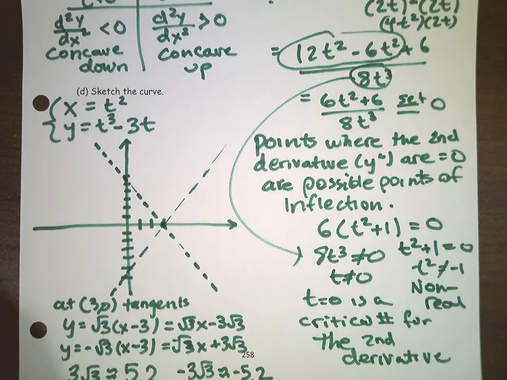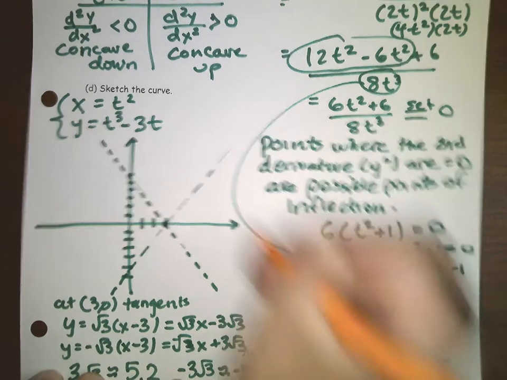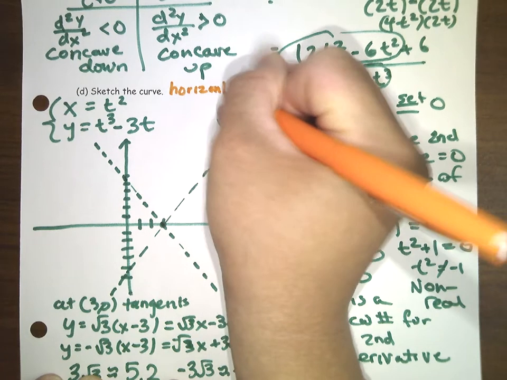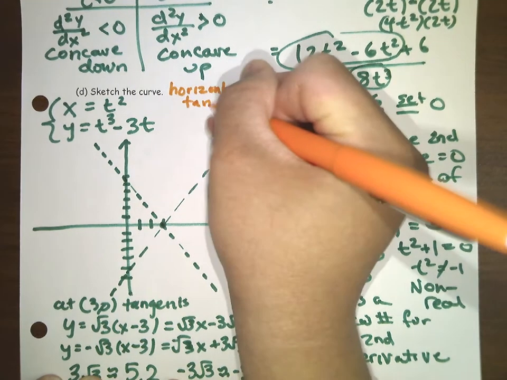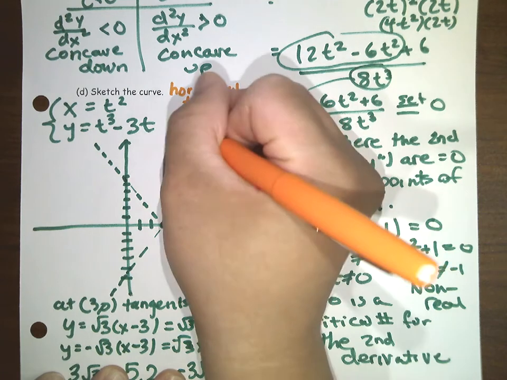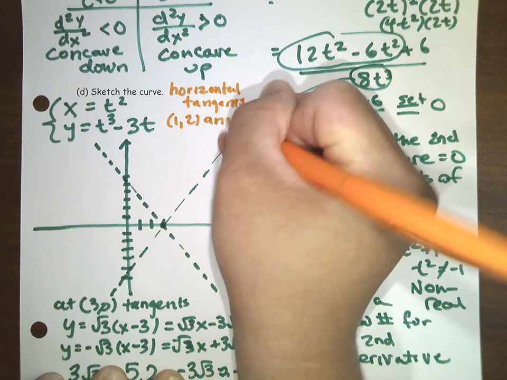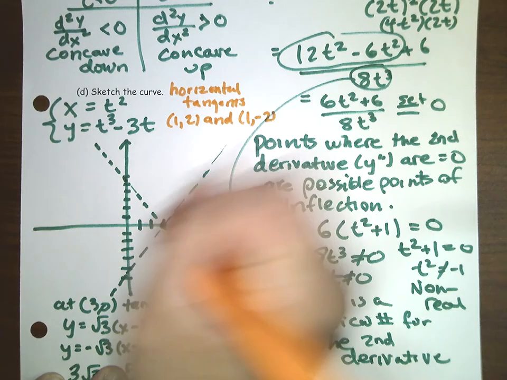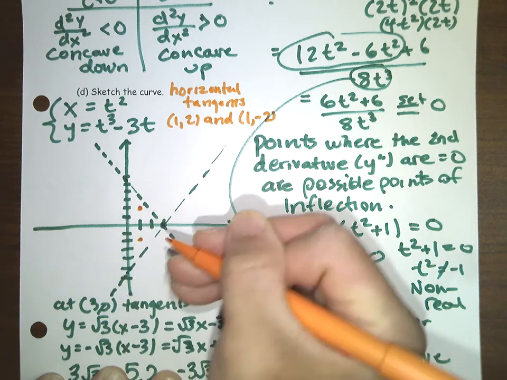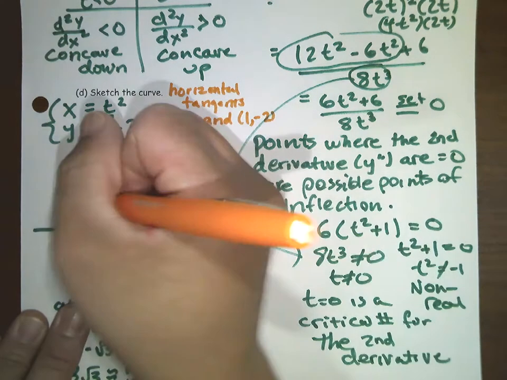And then let's try to just remember that the horizontal tangents were at (1, 2) and (1, negative 2). So at (1, 2) and (1, negative 2), there were horizontal tangents.